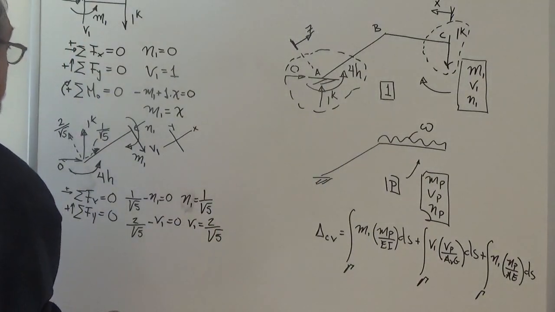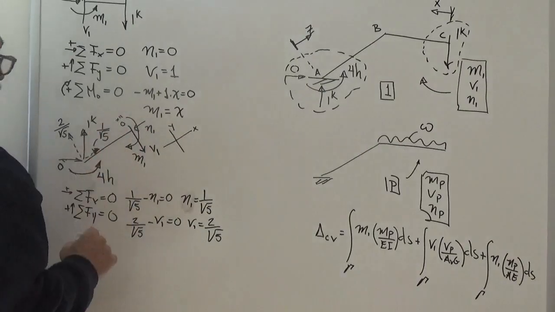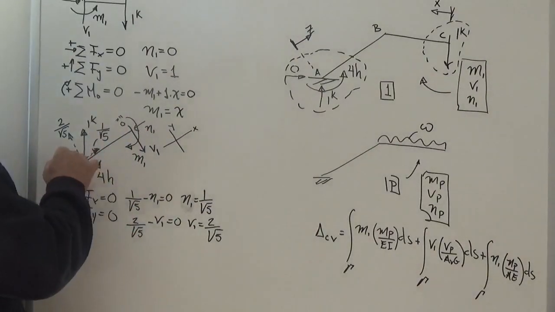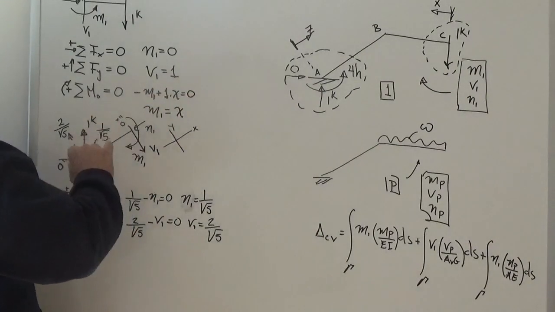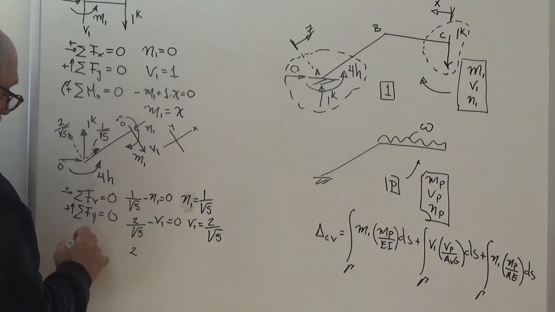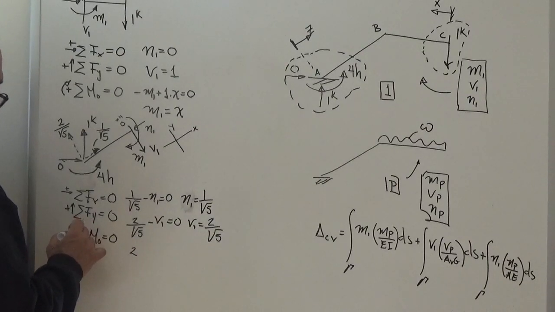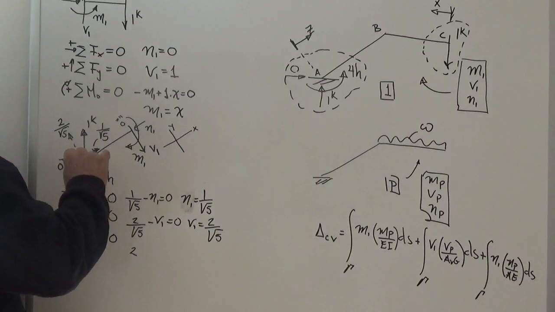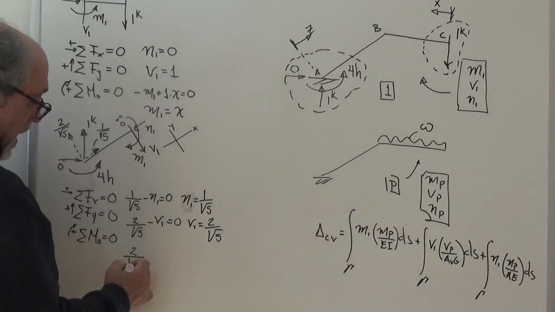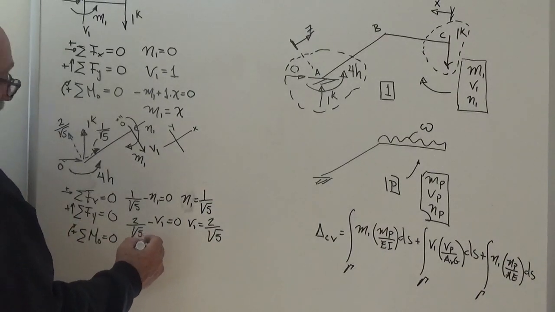And from sum of the moments about O equal to 0, this goes right through, so taking clockwise positive, I get 2 over square root of 5 multiplied times z.